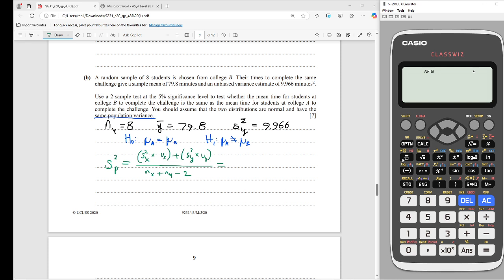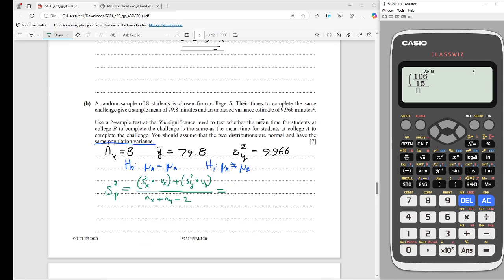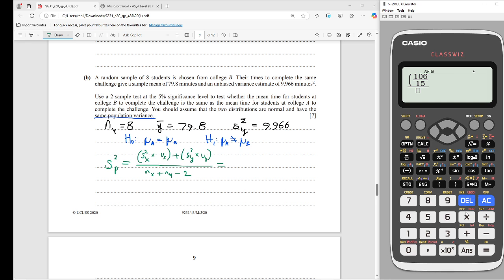Now we can just plug in each of our values because we have every one of them here. s² of X was 116 over 15. We multiply this with our degrees of freedom of X. Number of terms is 10, so degrees of freedom is 9. s²_Y is 9.966 times degrees of freedom, which is 7.